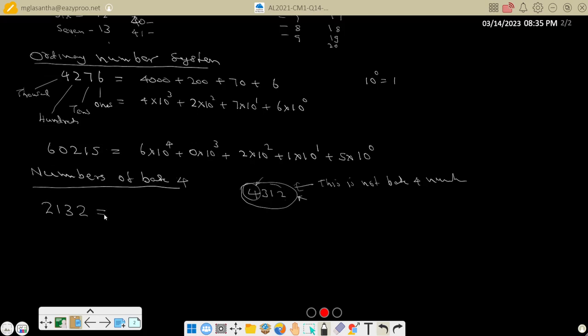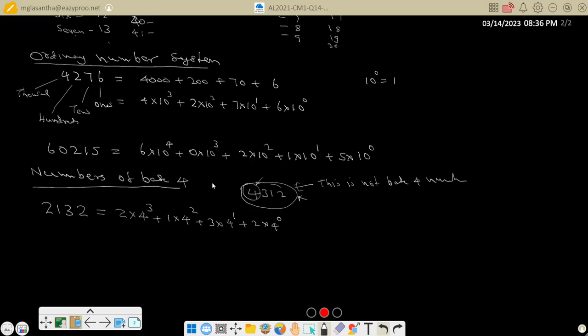So this equals 2 into 4 to the power of 3 plus 1 into 4 square plus 3 into 4 to the power of 1 plus 2 into 4 to the power of 0. That is how you expand a base 4 number.